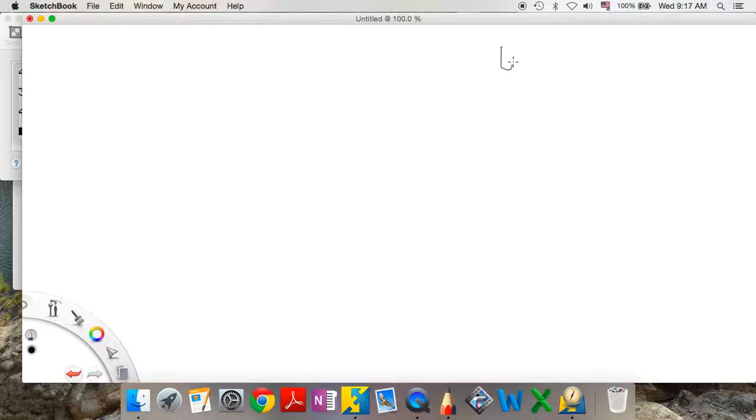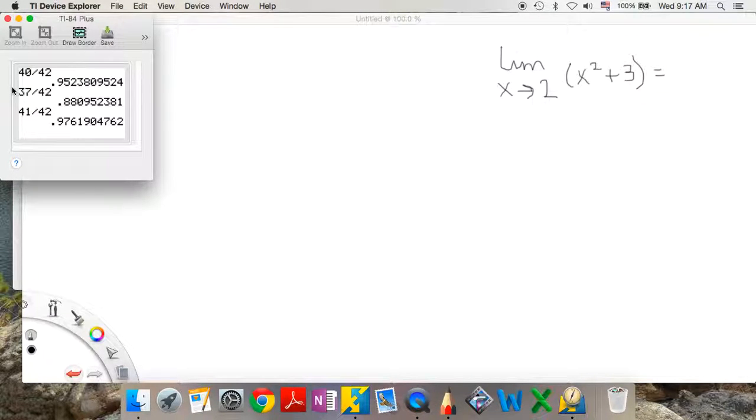If we want the limit as x goes to 2 of x squared plus 3, this is a polynomial, so it's defined everywhere. So we can just plug in our value and we'll get what the limit is.